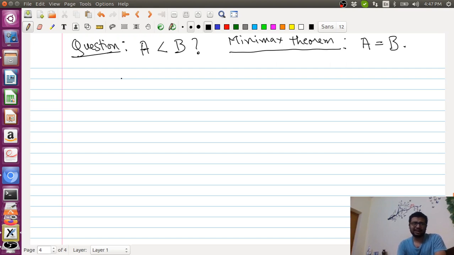This is one application, and another application is that it immediately implies a proof of John Nash's theorem for the special case of zero-sum games.